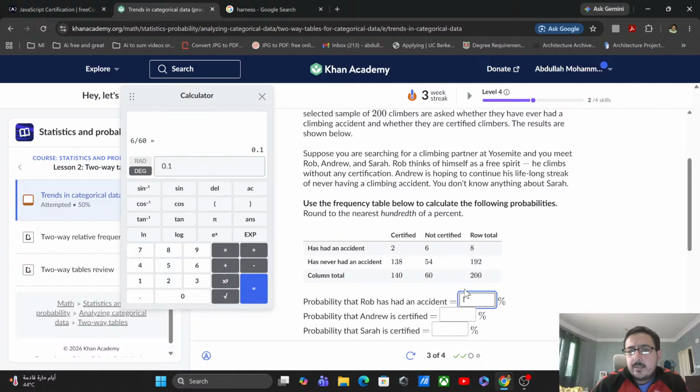Has had an accident. Okay, probability that Andrew is certified. Andrew is hoping to continue his lifelong streak of never having a climbing accident.